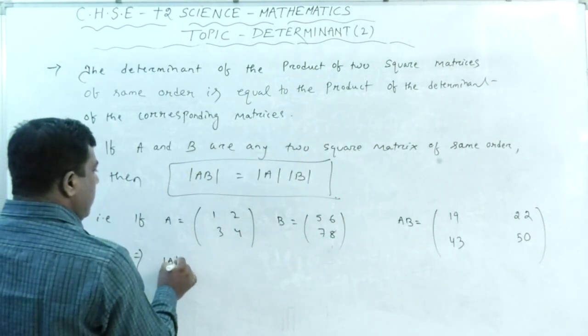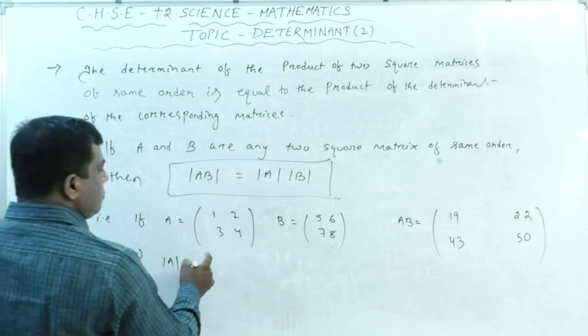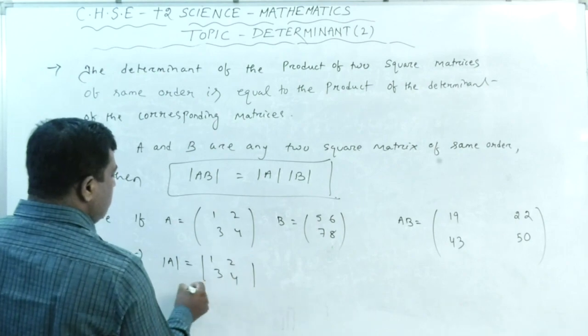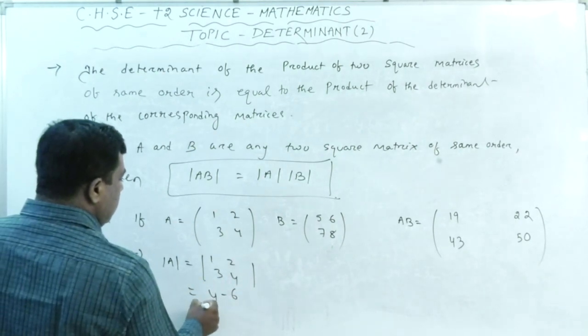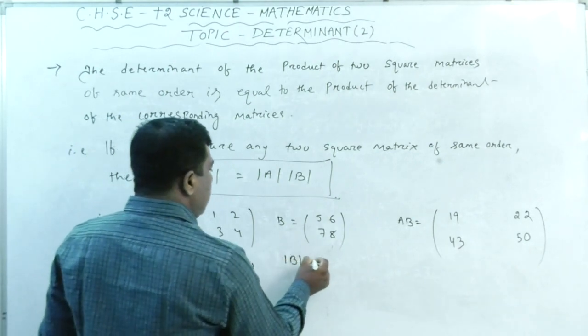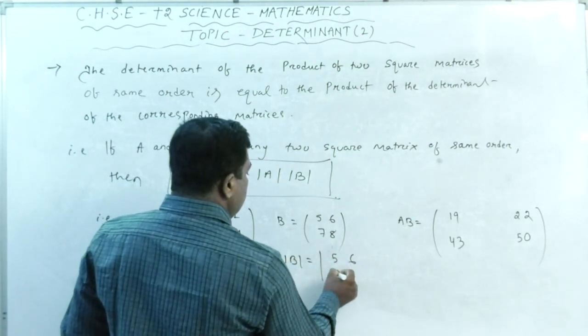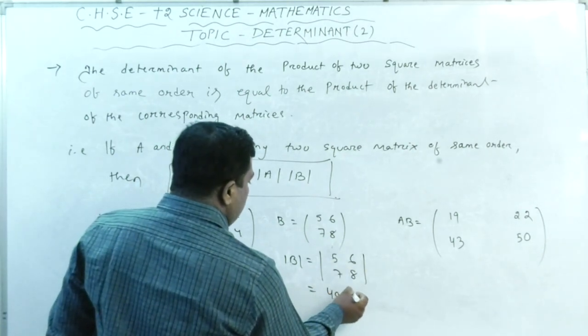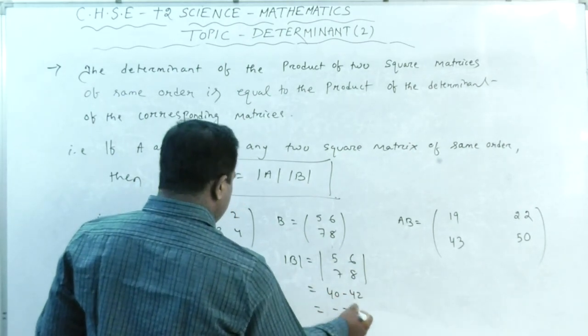Determinant of A, which is 1, 2, 3, 4, is 4 minus 6, that is minus 2. We will find the determinant of B, that is 40 minus 42, so it is minus 2.